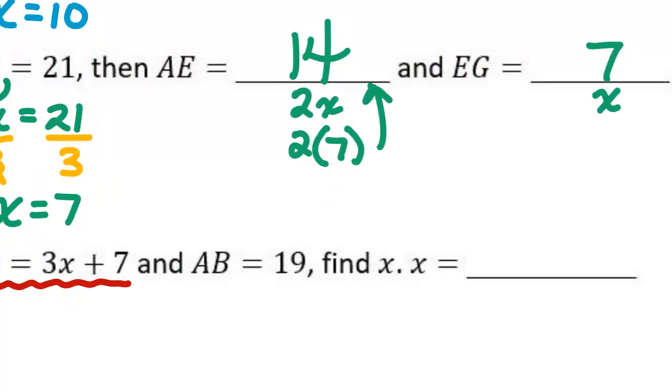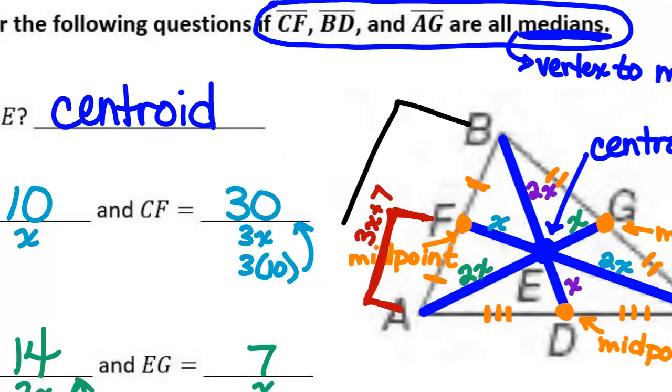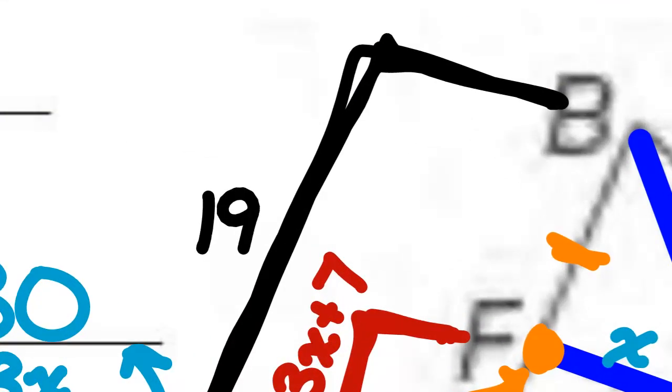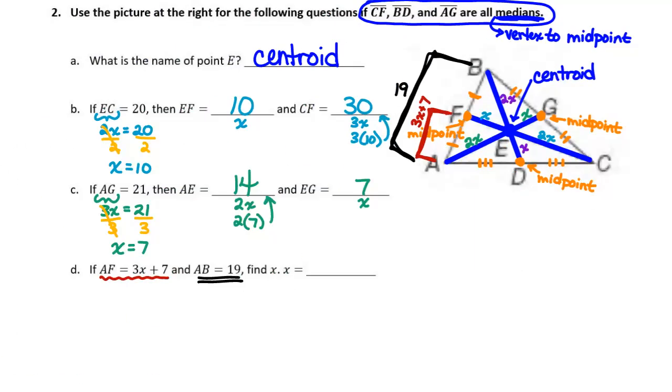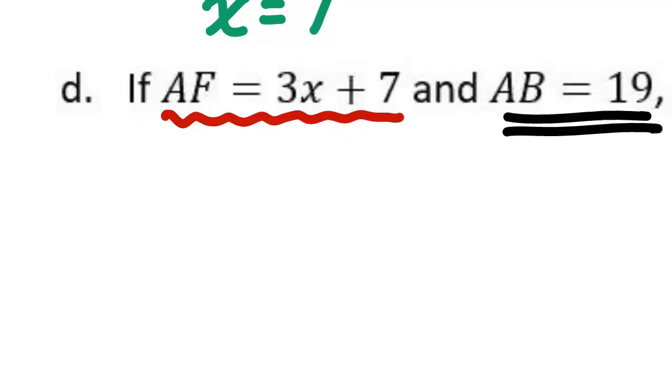And then it says that from A to B is 19. Well, that's this whole side of the triangle. What's the relationship between AF and AB? AF is half of AB.